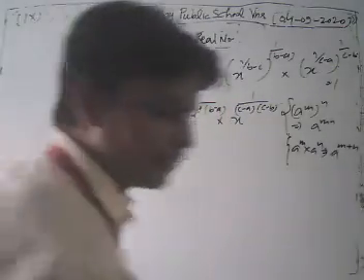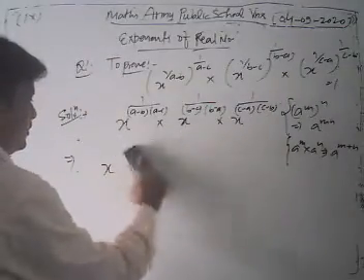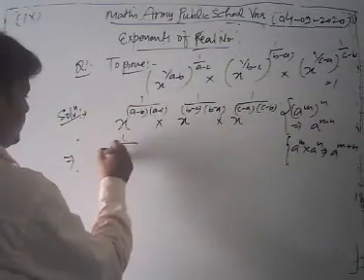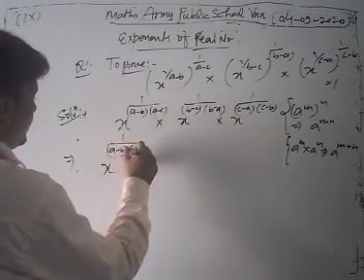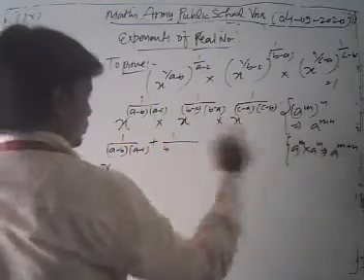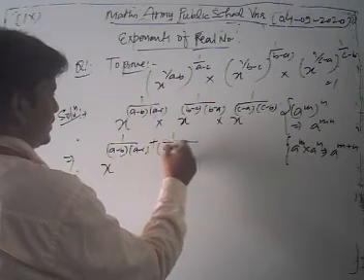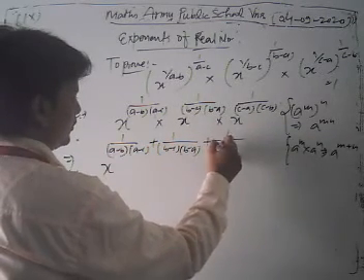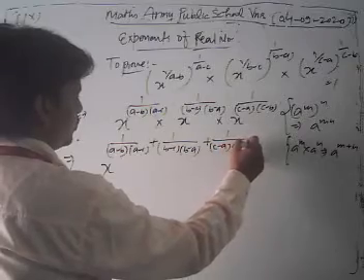First we write as 1 upon a minus b into a minus c, plus 1 upon b minus c into b minus a, plus 1 upon c minus a into c minus b.